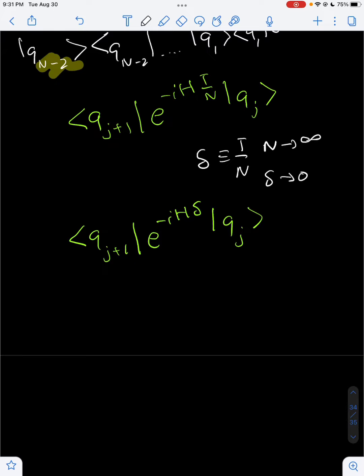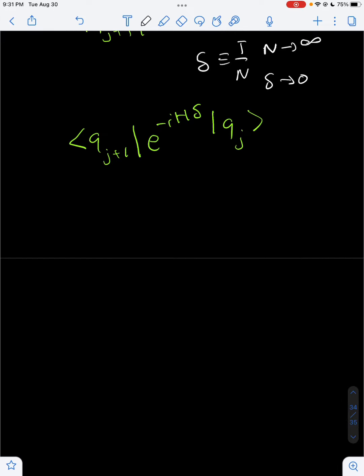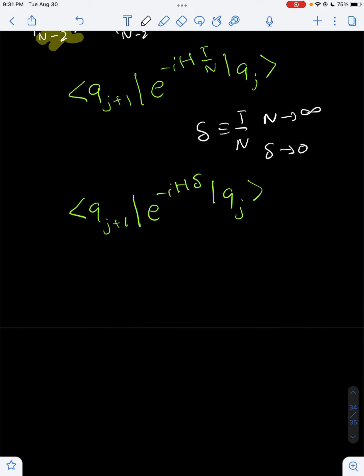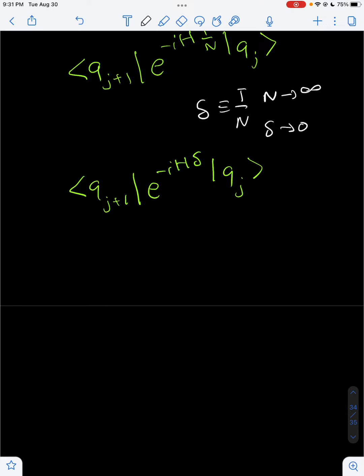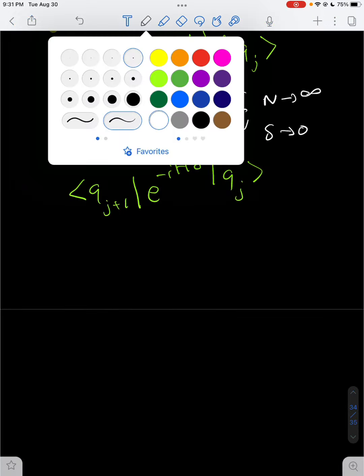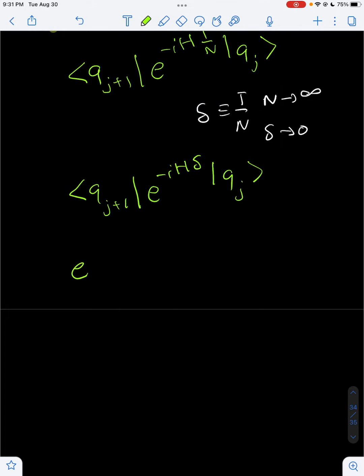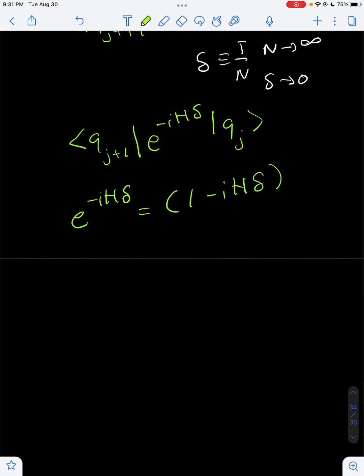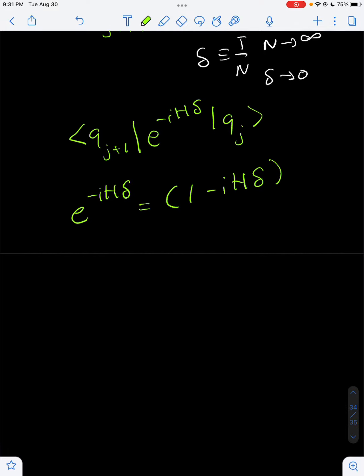Okay, so we know that if delta is super small, then we can expand our exponential in terms of a Taylor series, where e to the minus i h delta is equal to 1 minus i h delta. And this kind of makes sense, right? Because here's an example. Say we want to find what e to the x is going to be.